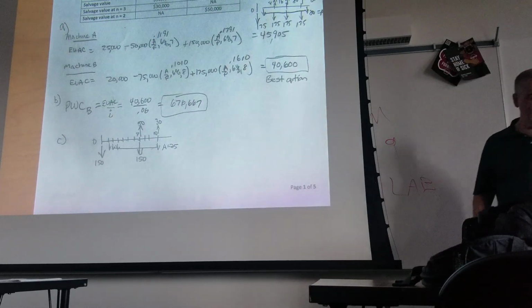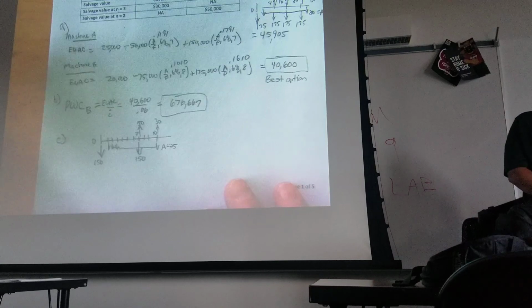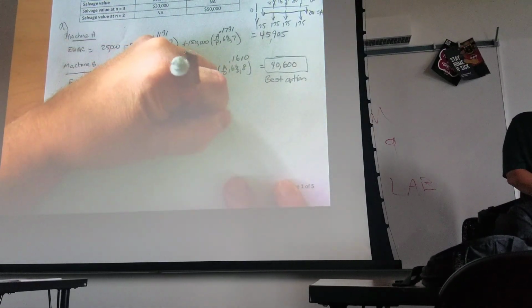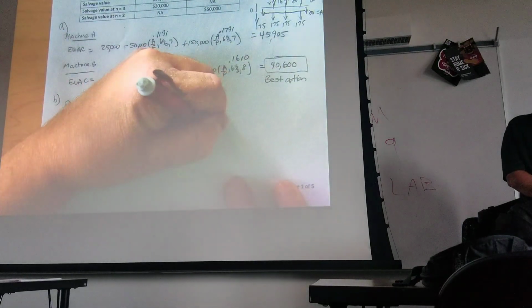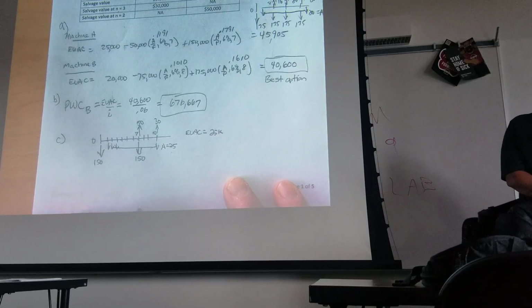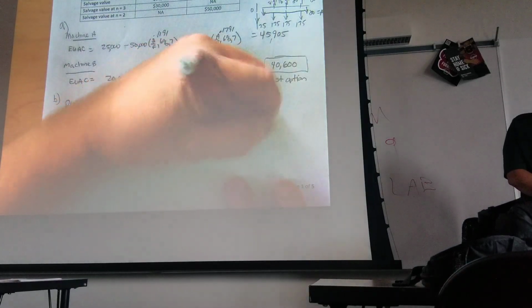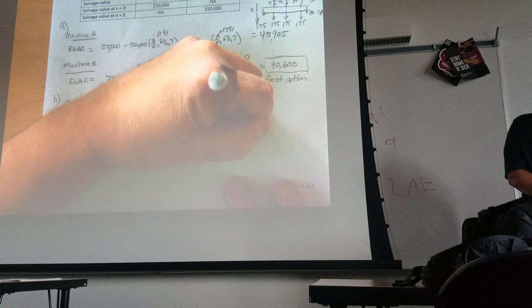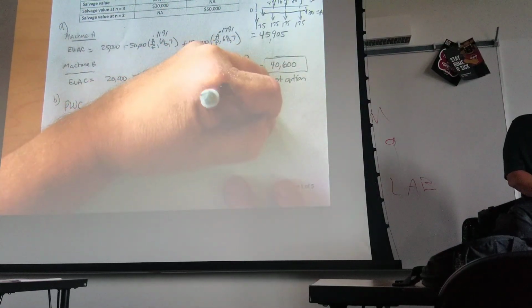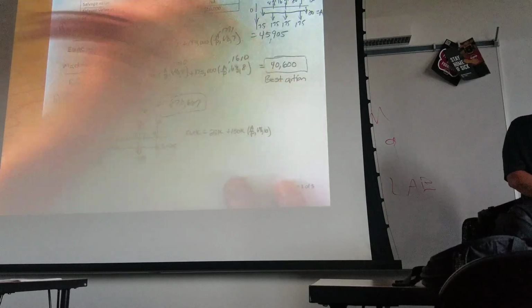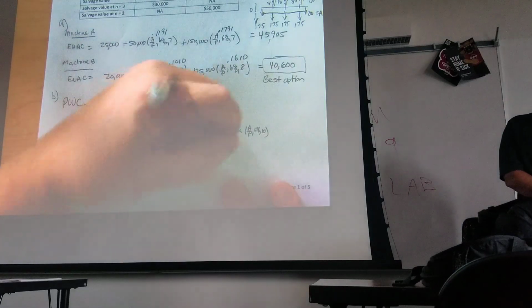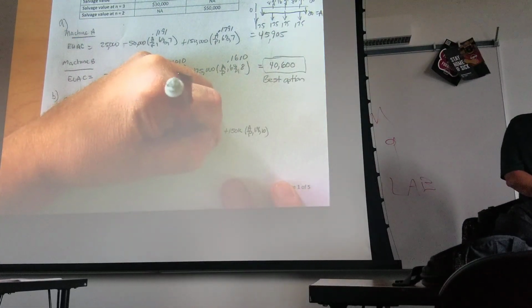So EUAC equals 25,000 plus 150K, the first one, P times A over P, 6%, 10. The second one, 150K.